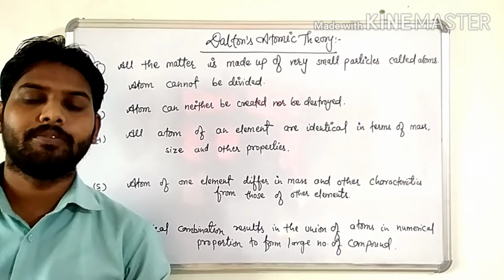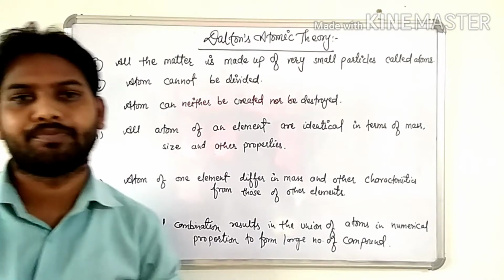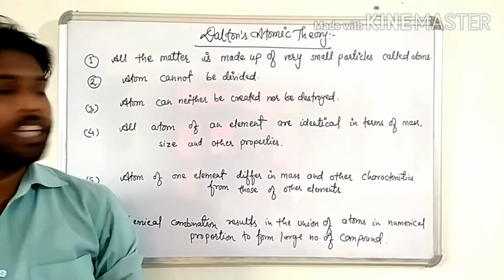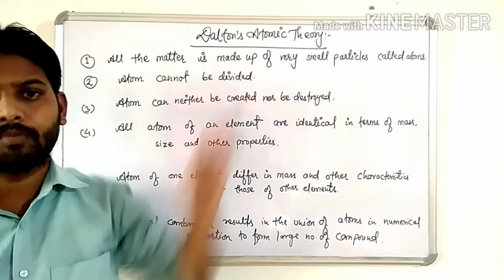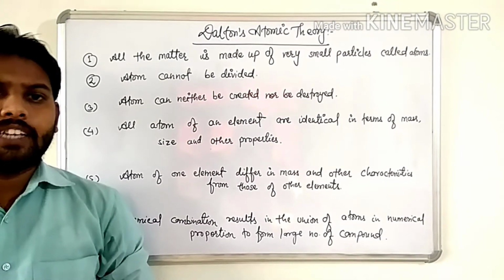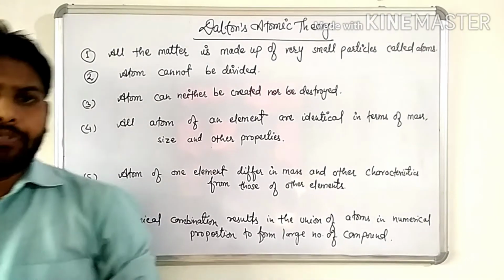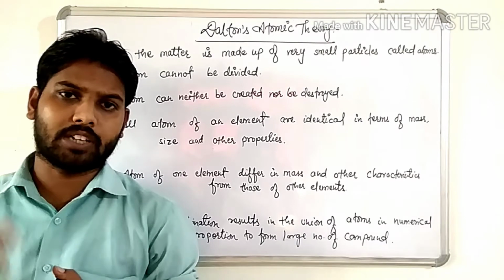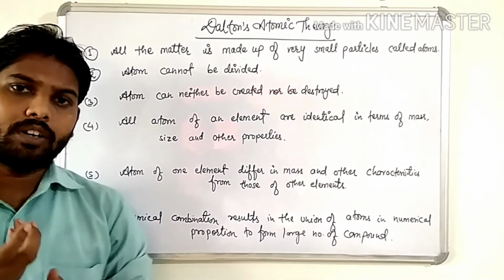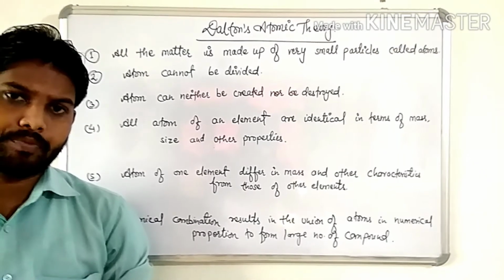Now, children, Dalton's atomic theory. Dalton gave some theory on atoms. Let us take an example to understand this. If we take a chalk, children, and break it with another substance, we get small pieces of chalk.